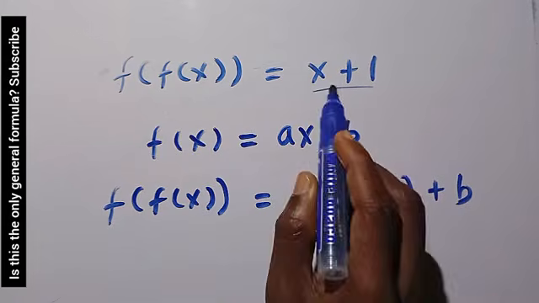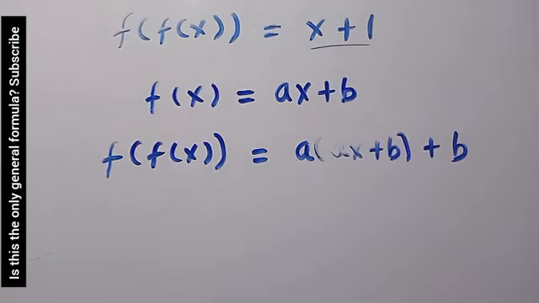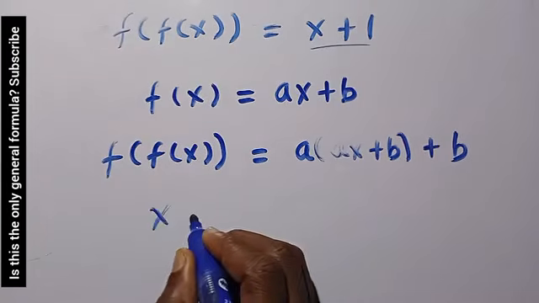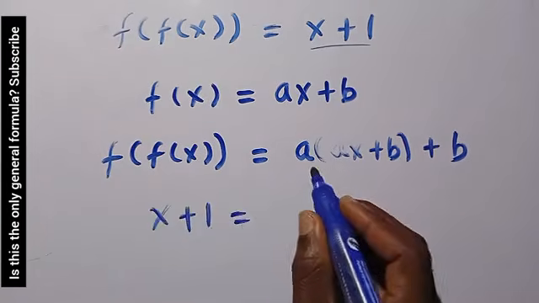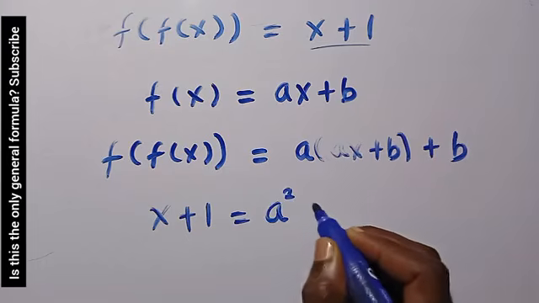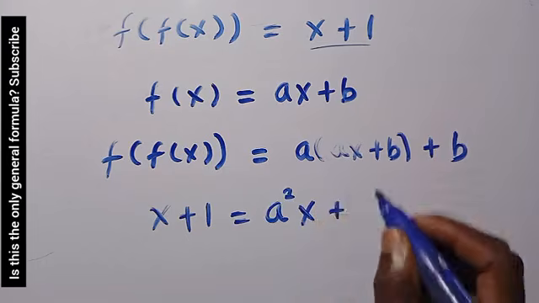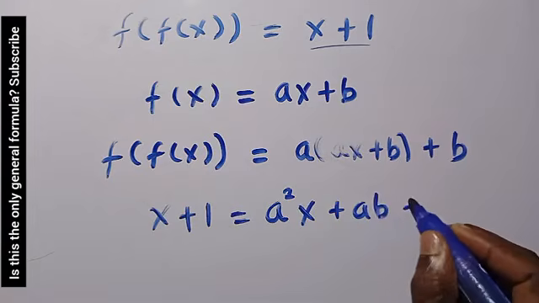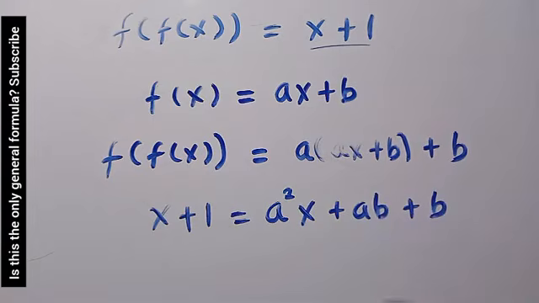But f of f of x equals x plus 1. So here becomes x plus 1 equals, open this out, we have a times ax, that is a squared x, plus a times b, which is ab, then plus b.